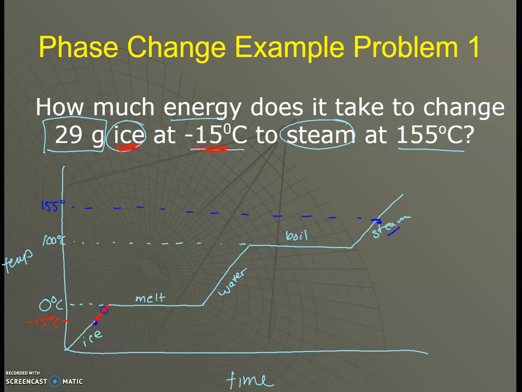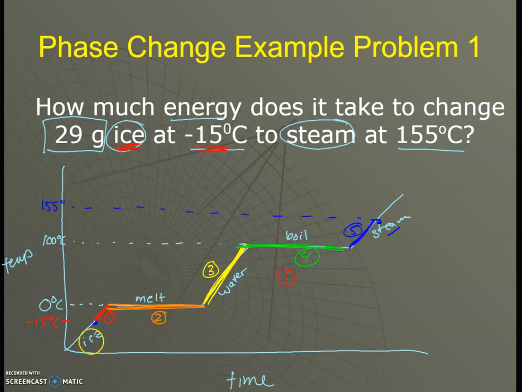First, I'm going to have to heat up the ice. Then I'm going to have to melt the ice. Then I'm going to have to heat up the water. Then I'm going to have to boil the water. And then lastly, I am going to have to heat up the steam. So you see that there are 5 parts of this curve to do.